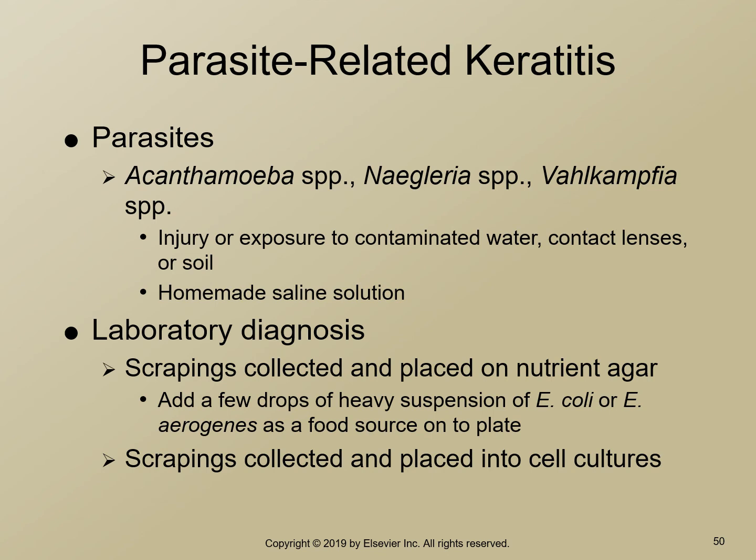Laboratory testing includes obtaining scrapings that are placed on nutrient agar. So a few drops of a heavy suspension of E. coli or Enterobacter aerogenes is used on the plate as a food source for the amoeba. The scrapings are collected and then placed into cell cultures.